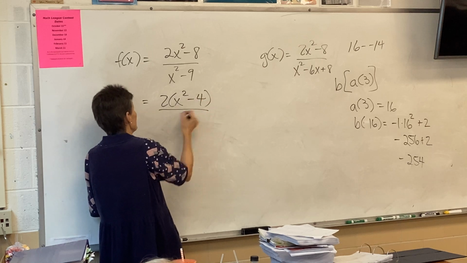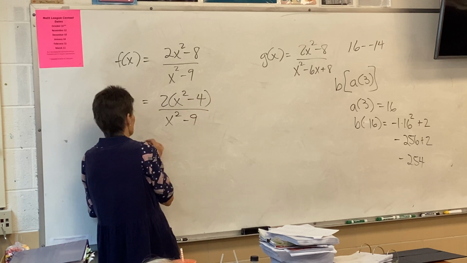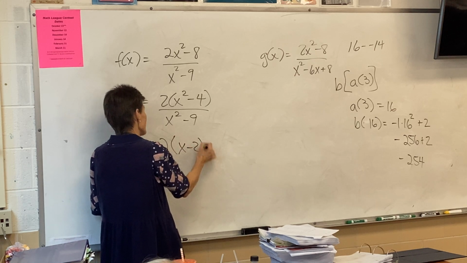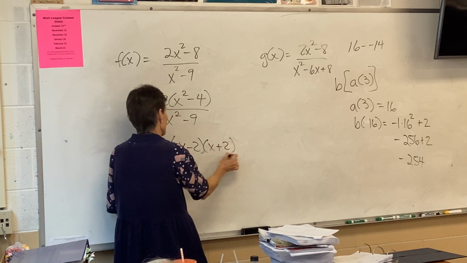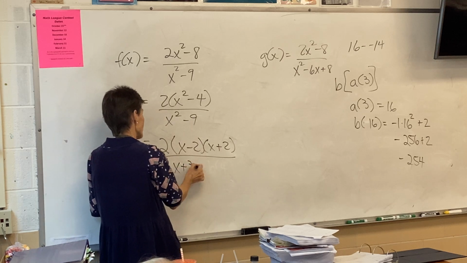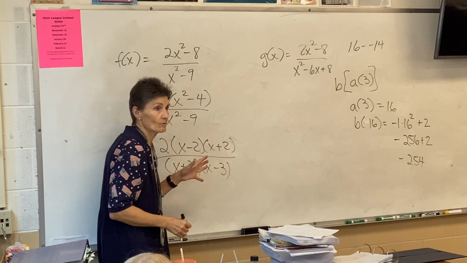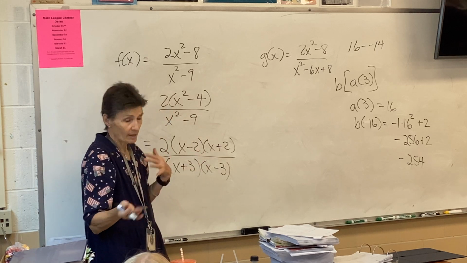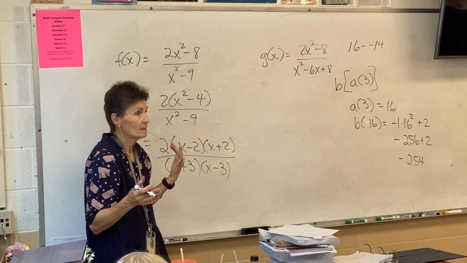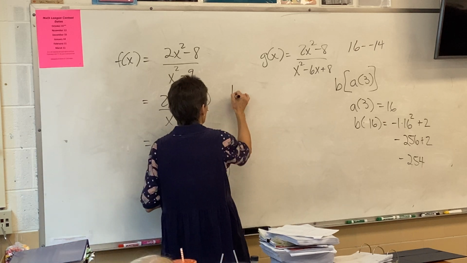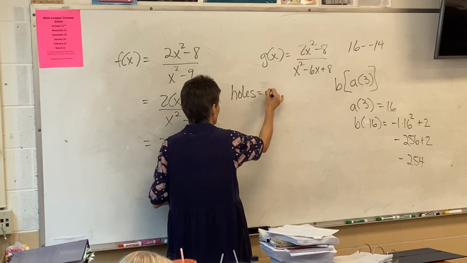And then what can I do with it? So the 2 is still there, 2, x minus 2, x plus 2, over x plus 3, x minus 3. Okay, well, all that factoring did nothing, because nothing canceled out, but that's okay. That just means I don't have any holes.